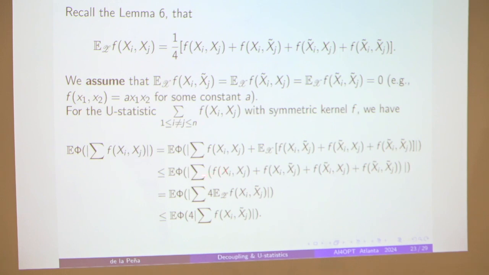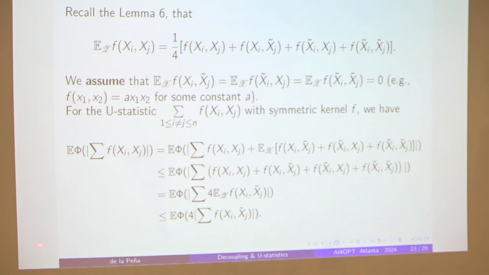But we know by the lemma that I replace this thing by 4 times f sub ij of xi xj tilde, and I have this equality, and then I can use conditional Jensen's to get this.